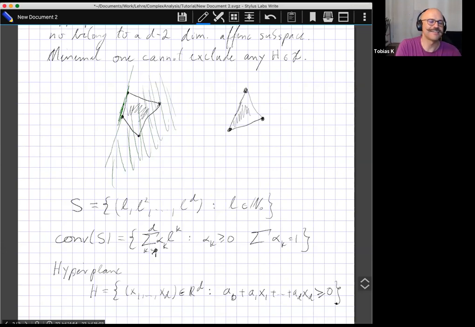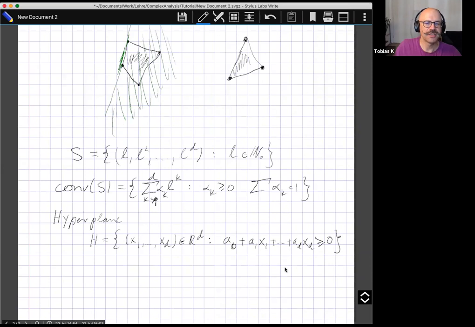You could easily make it smaller or equal to 0, but this is a convention. Like in two dimensions, a half plane is given by some coefficients, ax plus by plus c greater or equal to 0.